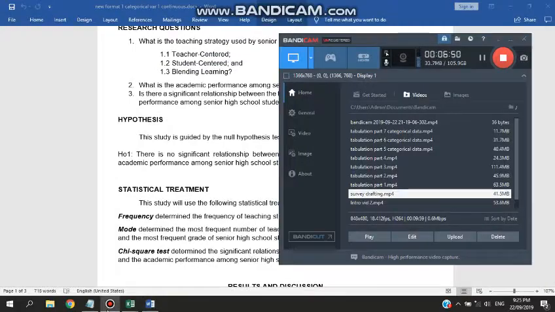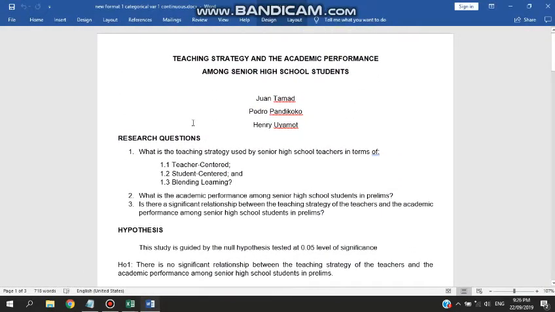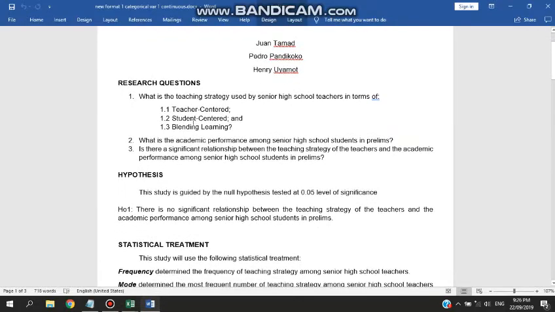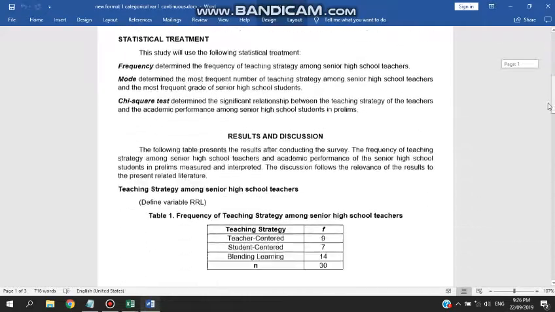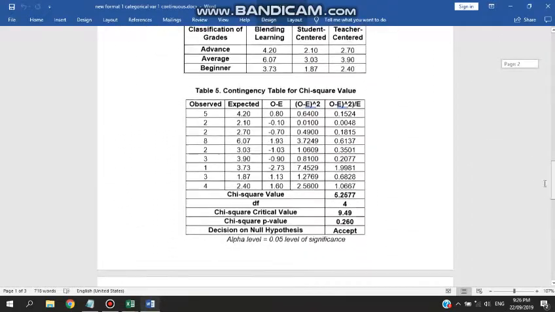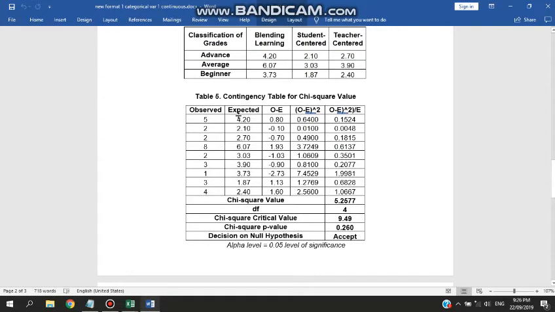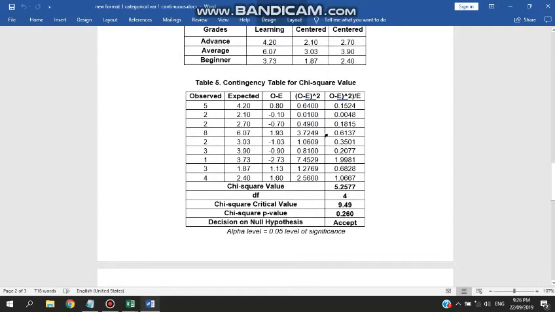So, question number 3. Research question number 3. You're asking if merong may significant relationship yung paggamit ng yung isang teaching strategy within the academic grades. So, you're just looking if there is a connection, a significant connection for that one. The same way, you tabulate the contingency table for chi-square value, you got the chi-square value of 5.29, but here's the thing, you have degrees of freedom of 4 and chi-square critical value of 9.49.